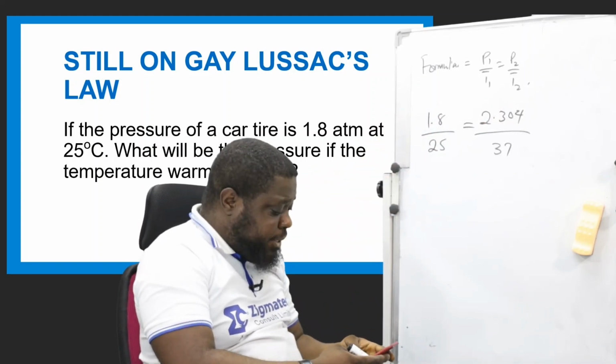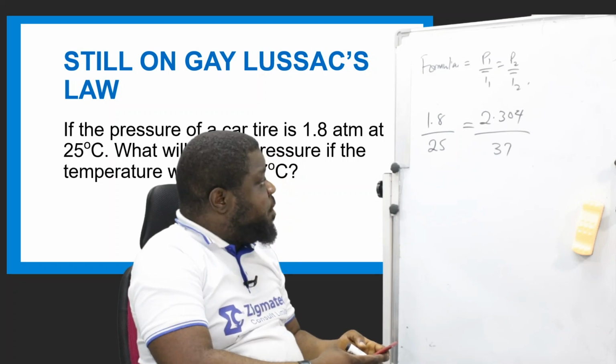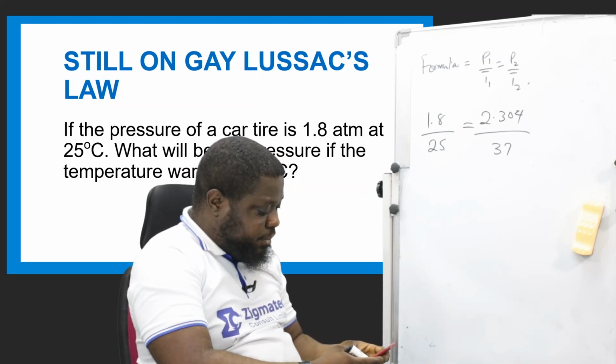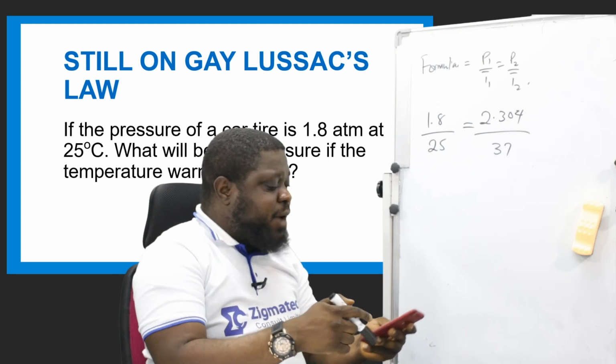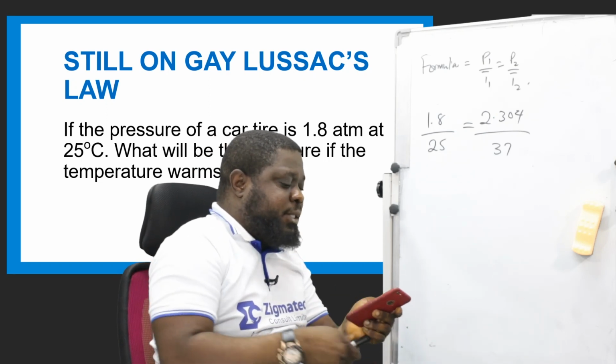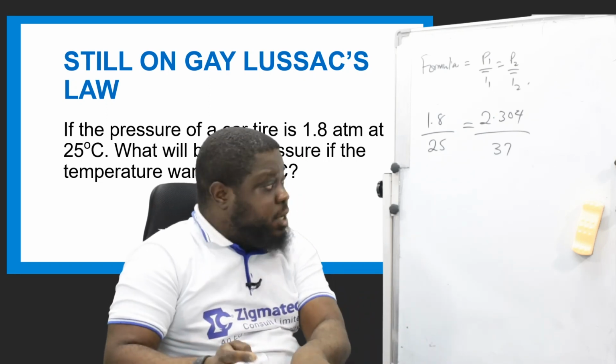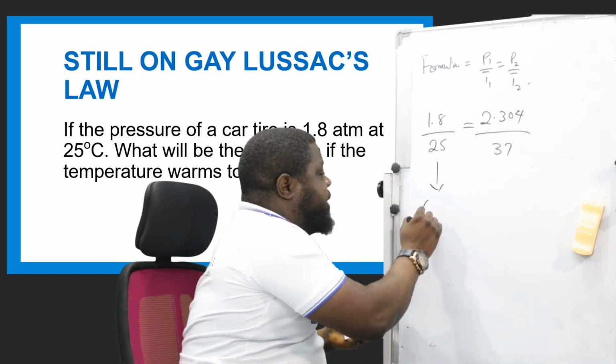We said 1.8 divided by 25. It gave us 0.072.